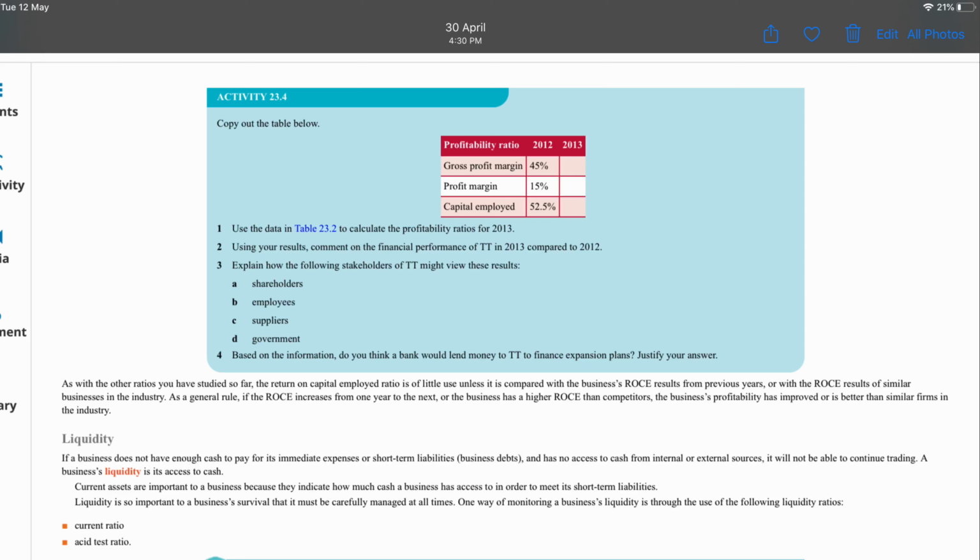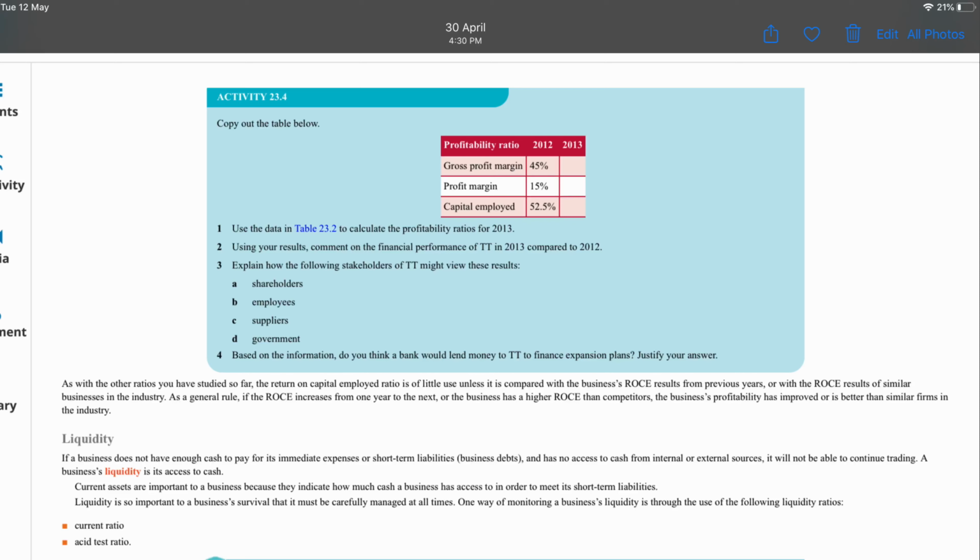Justify your answer. The bank will want to know if TT is making enough profit to be able to pay the interest on the loan and also to repay the loan when due. Although profit margins have fallen, return on capital employed has increased.